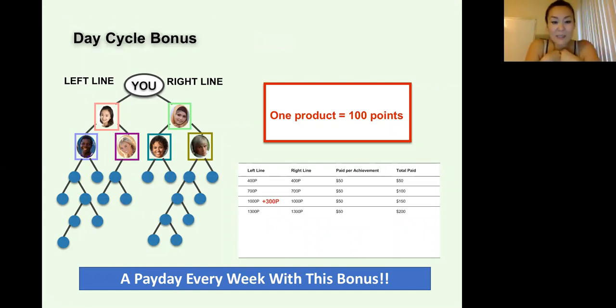So that means when you maintain only one PSP, when you have 16 people on your left side and 16 people on your right side, usually, if you maintain two PSPs, you'll be receiving another 50, but you need extra 100 points to receive this last $50. 400, 300, 400, 300.